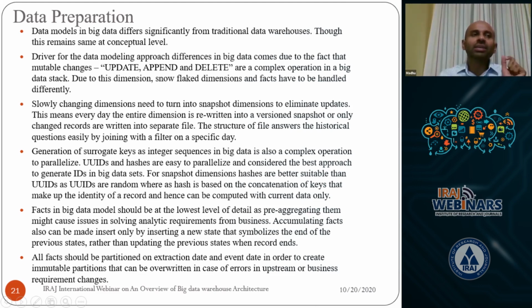So predominantly, handling the mutable changes, especially the updates, is the differentiator between the traditional data model and the big data warehouse. And even the accumulating facts are made insert only by creating a new state that symbolizes the end of the previous state rather than updating the previous state. So basically, all the updates are removed and those all become insert operations. How? By making it into snapshots.